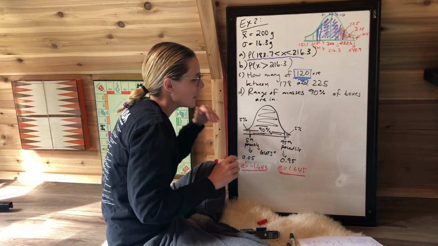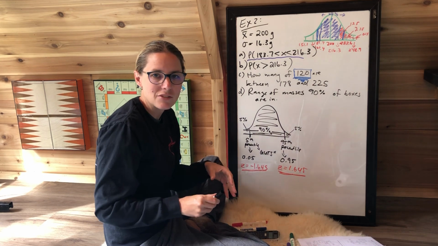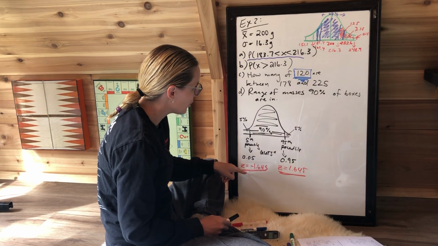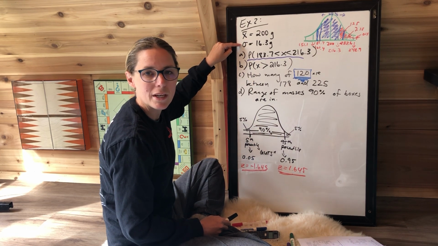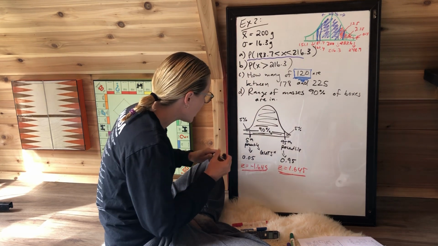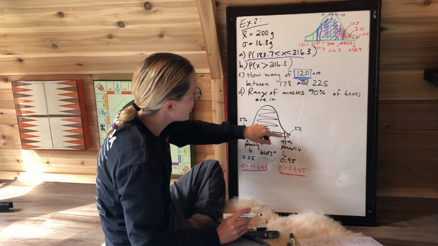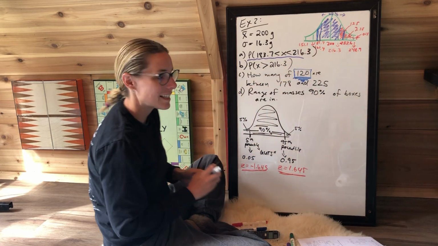Percentile questions are all about working backwards. Normally we have an x value and we're solving for z. This time we have a z value, an x bar, and a sigma, but we need to find the x values. We want to find what x value actually goes on the 5th percentile, and which one goes on the 95th. We know they're somewhere over here, but what values are they exactly?